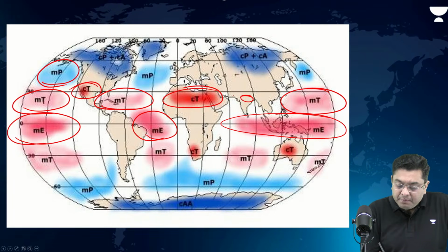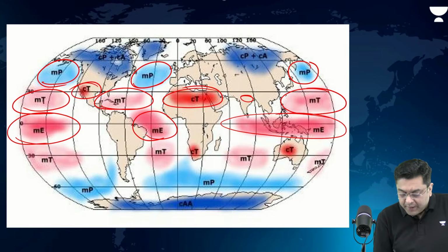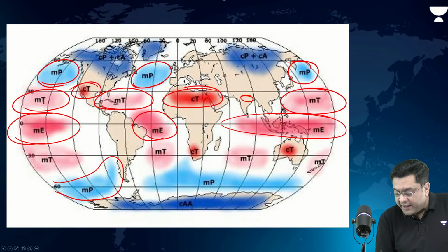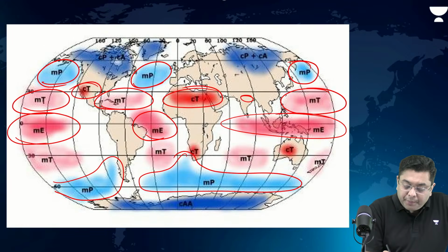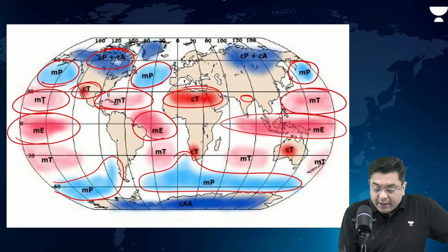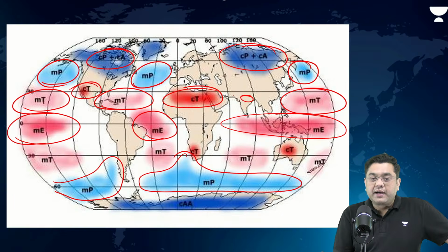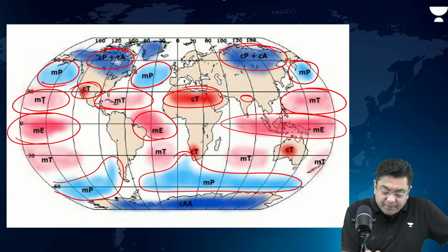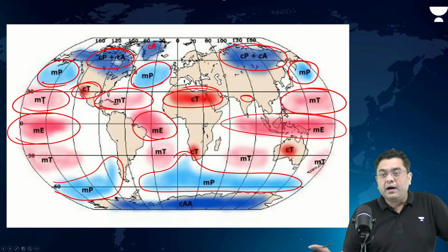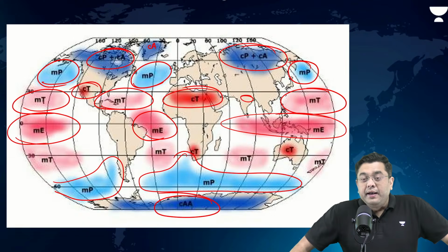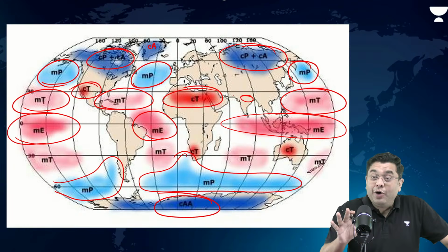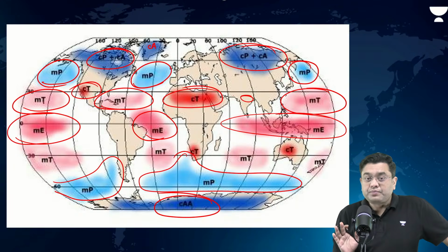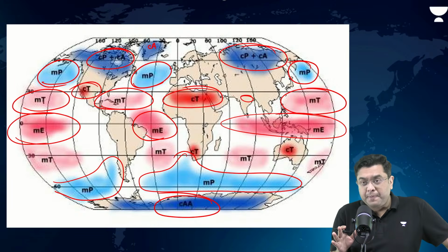Maritime polar, maritime polar, right? Continental polar plus continental Arctic, and here continental Antarctic, CAA. Like that, the air masses are named differently. I hope now the naming is sorted, that how the naming is done.